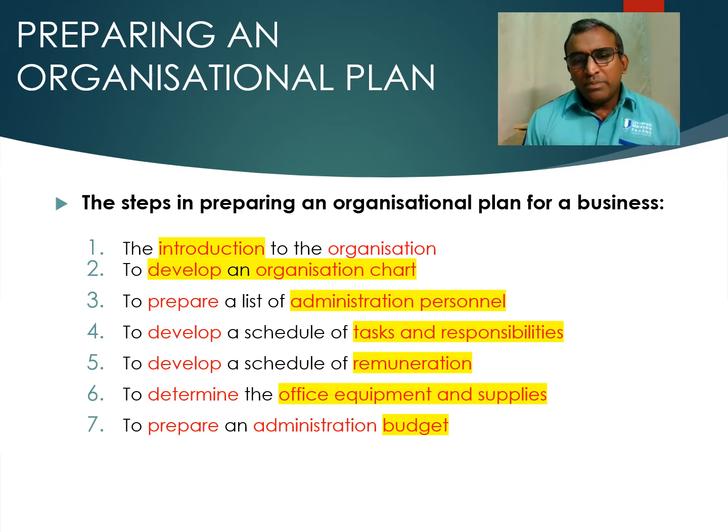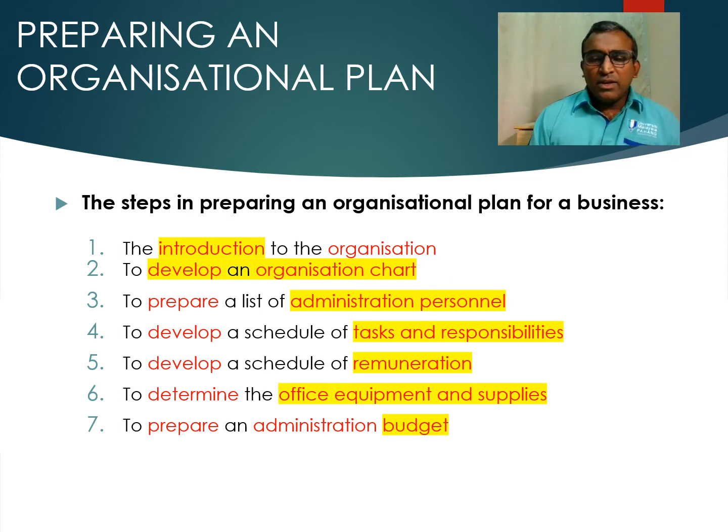And then develop the schedule. What are the tasks and responsibilities of these admin personnel? They help out the big boss. So what each person does to help out. And then these admin staff's remuneration, that means their salary and other financial benefits, to be taken into account in building the org plan.